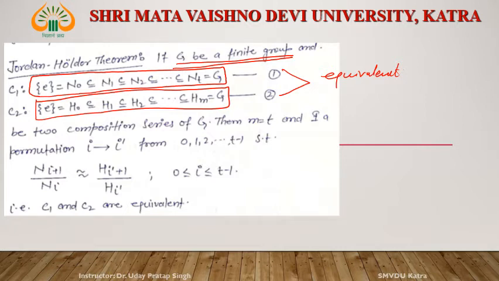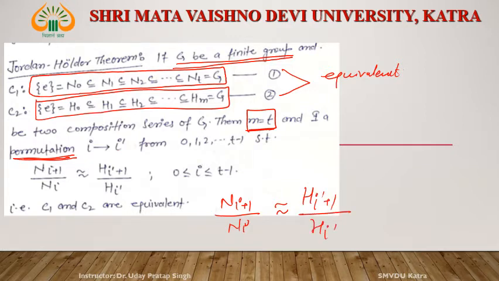We already defined it. The lengths of the composition series are equal, meaning m equals t, the first condition, and there exists an isomorphism, meaning a 1-1 onto map, which we call a permutation, from i to i dash, such that the factor group N(i+1)/N(i) is isomorphic to H(i'+1)/H(i'). Then these two composition series are equivalent.